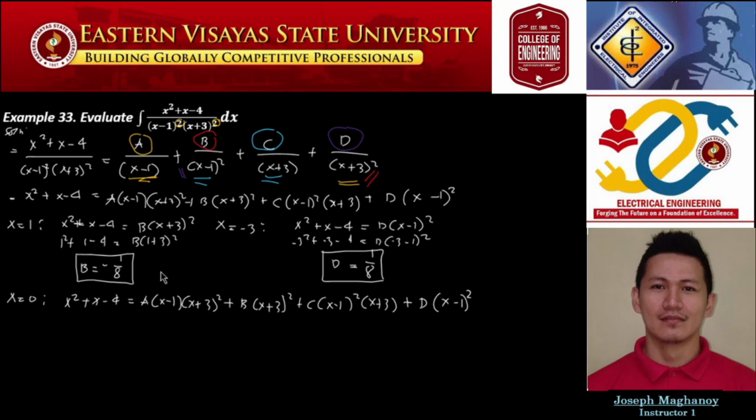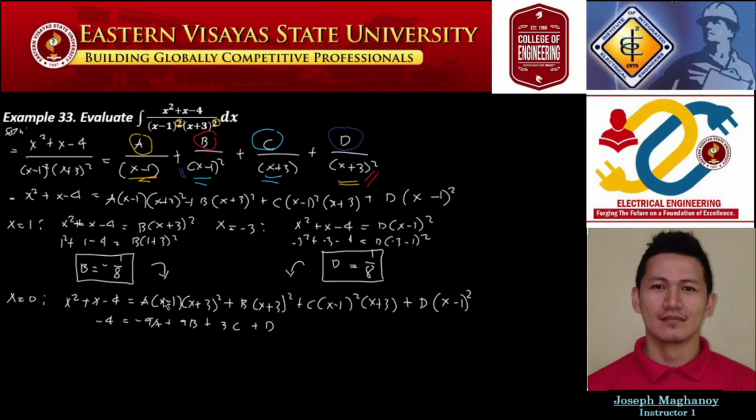So of course we substitute our b and d to the equation and apply x as 0. If we do so, the result will be negative 4 equals negative 9a plus 9b plus 3c plus d.